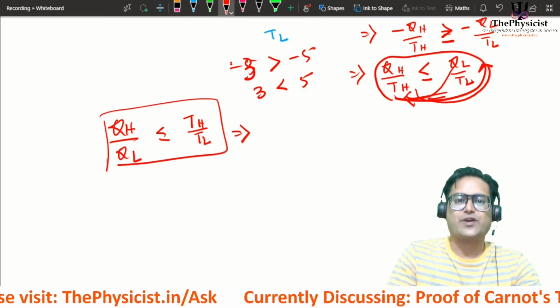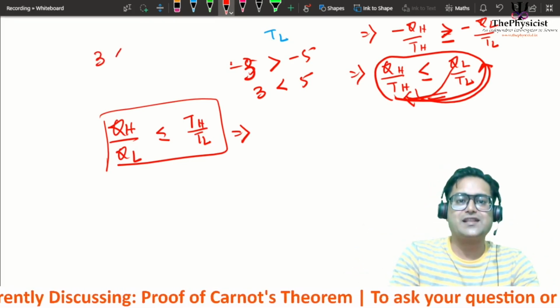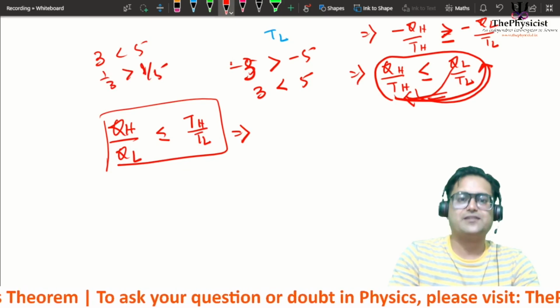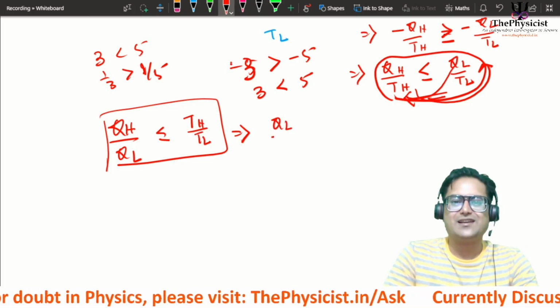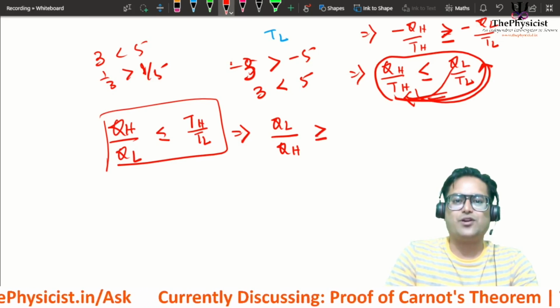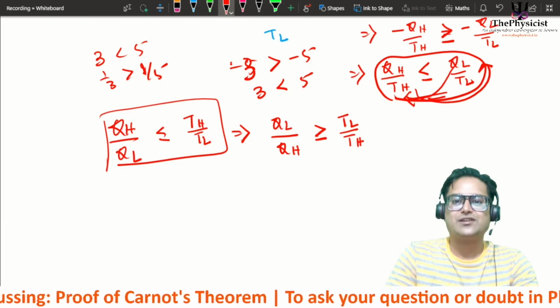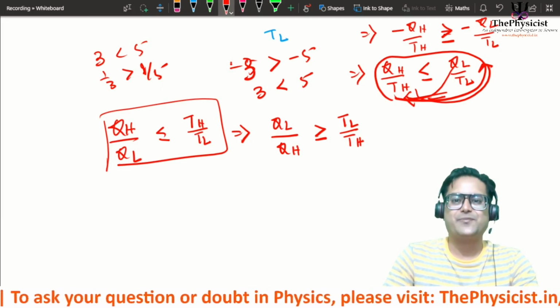Now I'm going to simply flip the equation. If 3 is less than 5, then 1 by 3 must be greater than 1 by 5, correct? Yes. So the same thing: QL by QH must be greater than or equal to TL by TH. Now I'm subtracting both of them from 1.